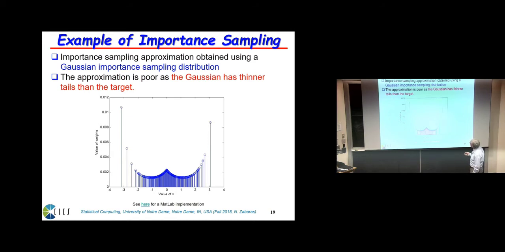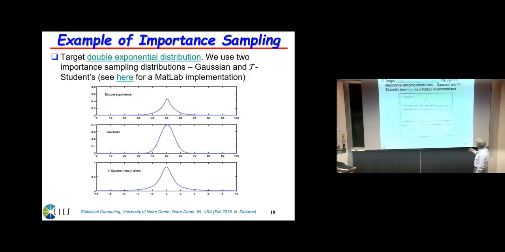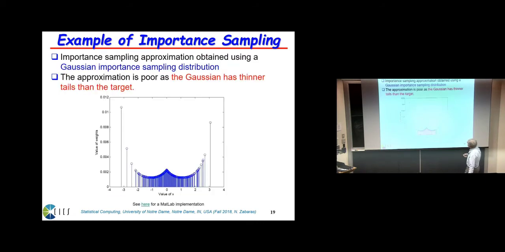So you remember, this is the distribution we want to sample, right? In one case, we're going to be sampling through a Gaussian in my importance sampling, the other one through student t. So obviously, you expect that when you get the sample representation of this double exponential, you get lots of samples in the center and fewer samples towards the tails. And look what happens. Lots of samples in the tails look wrong.